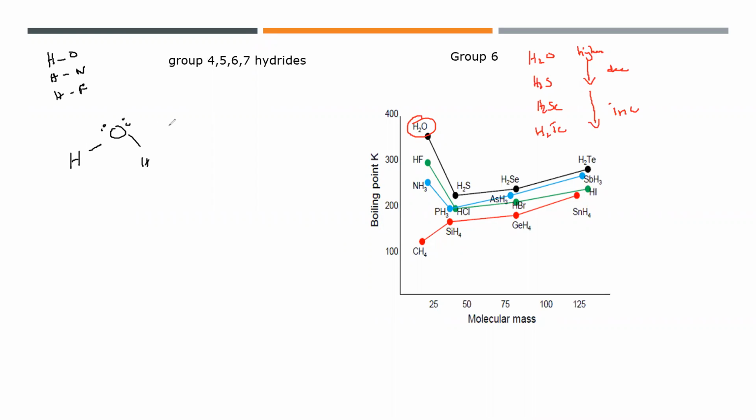There are lone pairs on oxygen, and this is another molecule with a lone pair. There's a partial negative, partial positive, partial negative, partial positive. Oxygen is more electronegative, so the bond pair is almost shifted towards oxygen. As the bond pair is almost shifted towards oxygen, the hydrogen is attracted towards the lone pair of another molecule, and this results in a hydrogen bond.